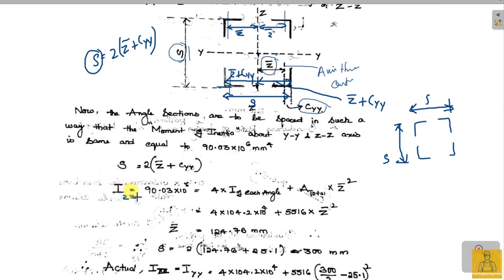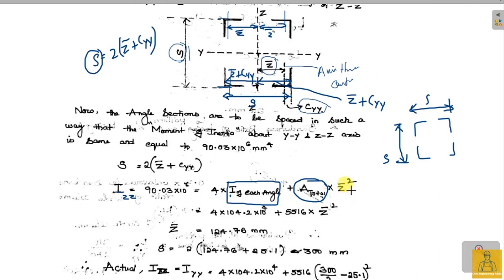What will be the moment of inertia? It is going to be the I of each angle into 4, because you have 4 angle sections, plus the total area of the angle sections into Z bar squared.